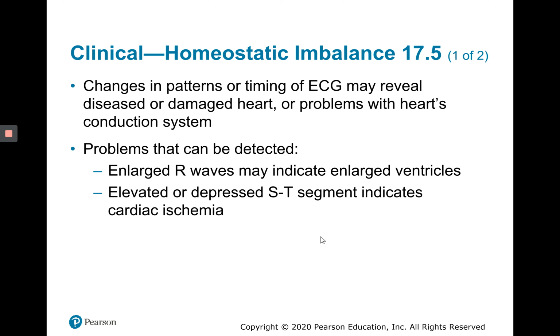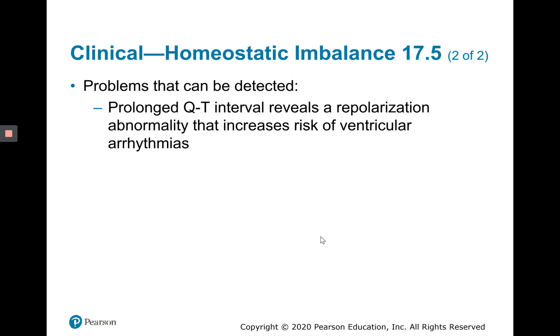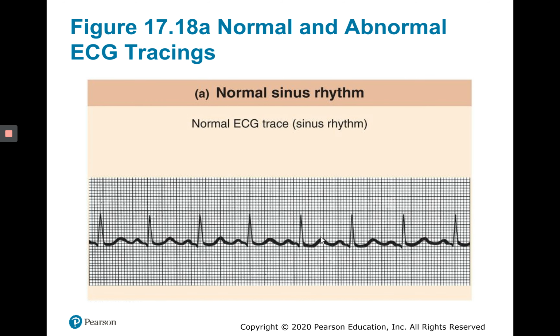Problems can easily be detected. Things like an enlarged R wave may indicate an enlarged ventricle. Elevated or depressed ST segments may indicate cardiac ischemia. So let's look at some examples. And before we move on, a prolonged QT interval reveals a repolarization abnormality that increases the risk of ventricular arrhythmias. So we'll see some of those.